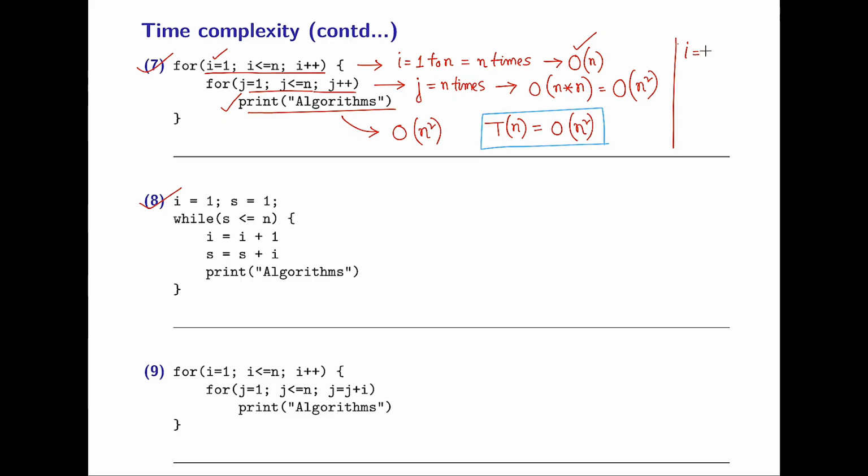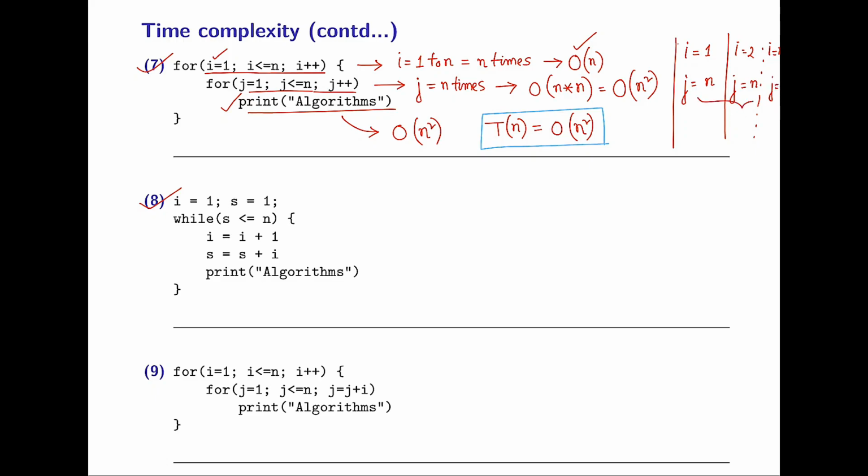So this is our time complexity for this. You can calculate this way also. When i will be equal to 1, how many times is j going to execute? n times, right? When i will be equal to 2, then also j is going to execute n times. Like that it will go. When i will be equal to n, then also j is going to execute n times, right?